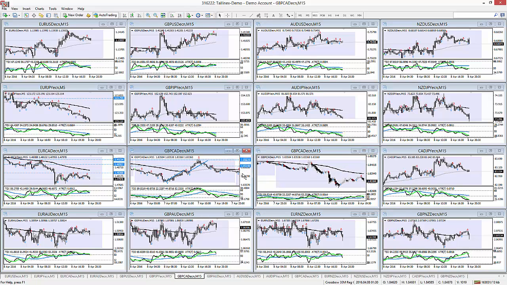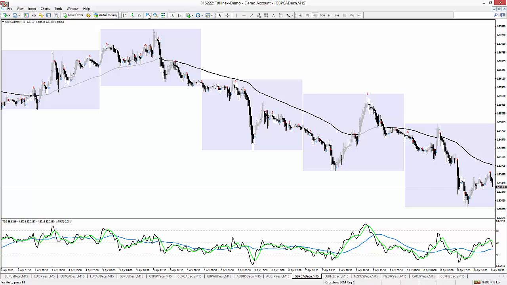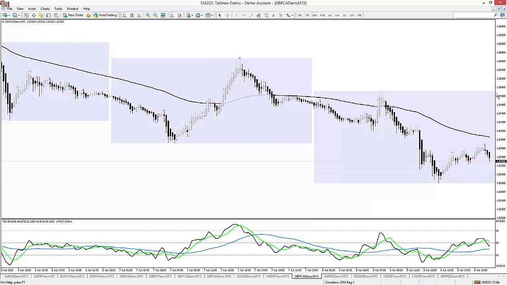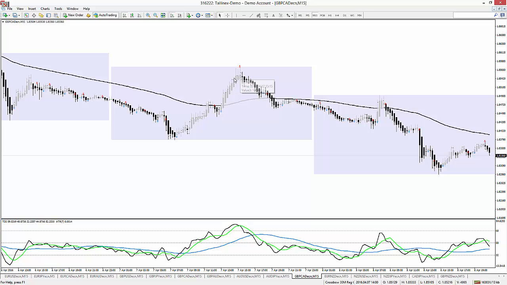Interesting. So these are all bearish candles, or excuse me, bullish candles. Actually, yeah, here it is. Here's the price action right here. See, these are all bullish candles.